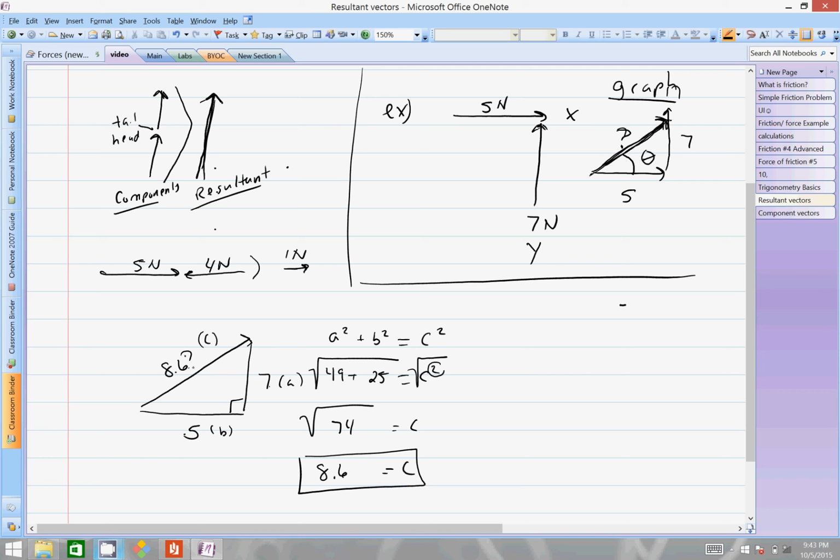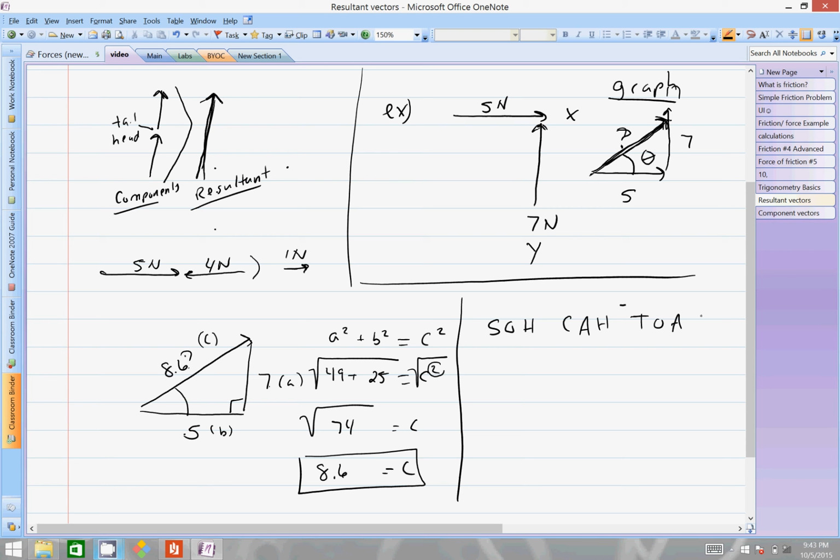Now, quite often I want to know an angle. For the angle, I can use one of my trigonometric identities. I have SOHCAHTOA, which kind of reminds you of all my identities.